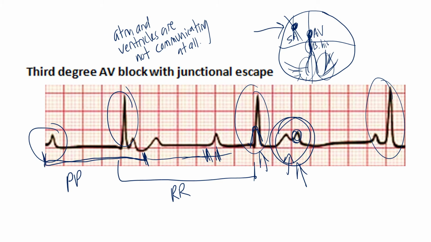So in a third degree AV block, the atria and ventricles are not communicating at all, and therefore you will have a consistent PP interval and a consistent RR interval. But remember I said that the SA node is the fastest beating part of the heart, and because it can't get down to the ventricles, you're going to have more atrial contractions, or P waves, in the EKG.